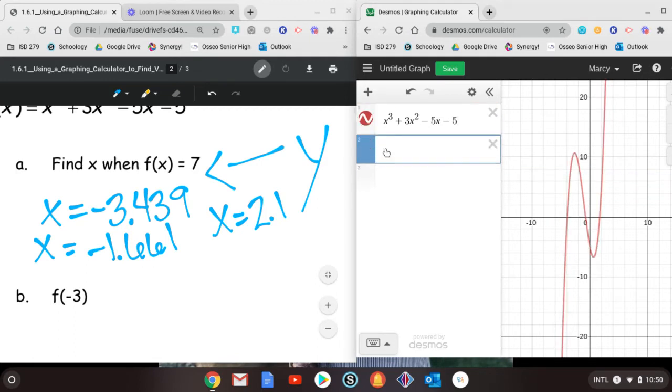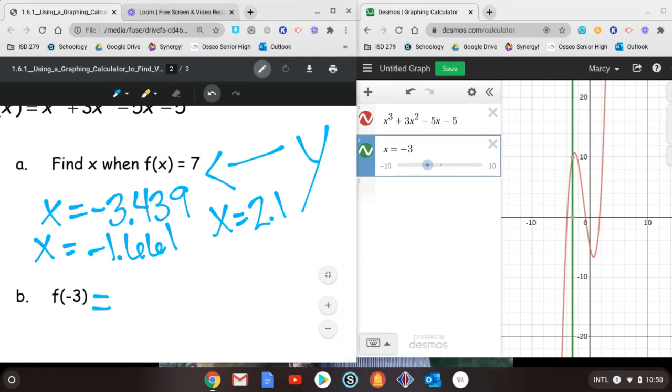And I'm going to put, now f of negative 3, so x equals negative 3. When x equals negative 3, you just hover over, and I see that that equals 10.